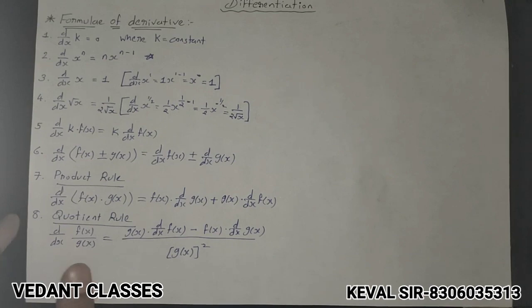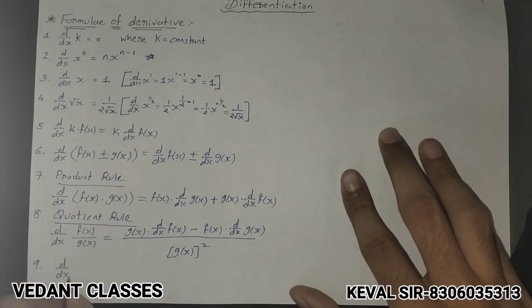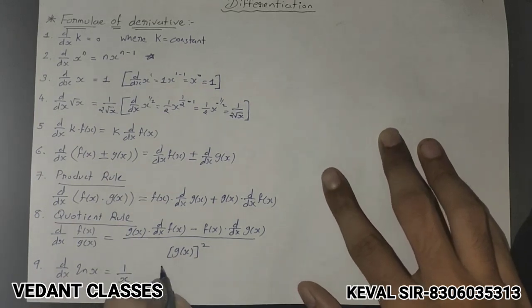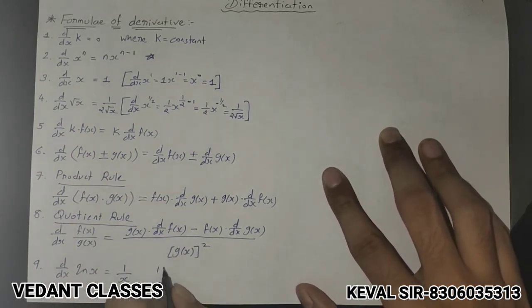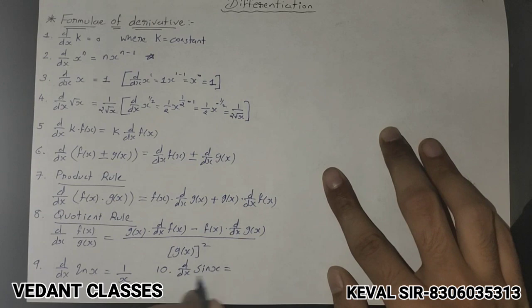Now let's see the next important equation, of logarithm: d by dx of natural log of x. The answer is 1 by x. Then remember the next two. Tenth, d by dx of sin x. The derivative of sin x is cos x.